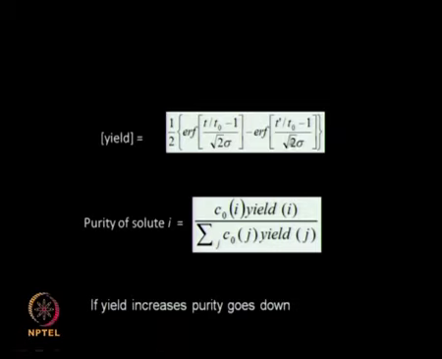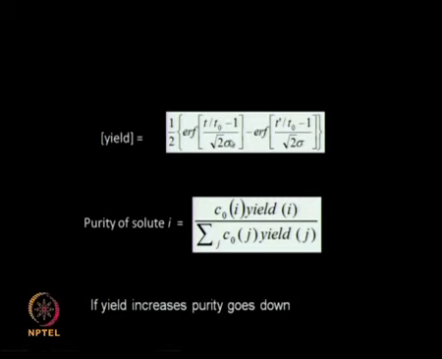So it is very specific to one particular system or one particular solute. So T naught will be different for protein 1, T naught will be different for protein 2, similarly sigma will be different for protein 1 and sigma will be different for protein 2.